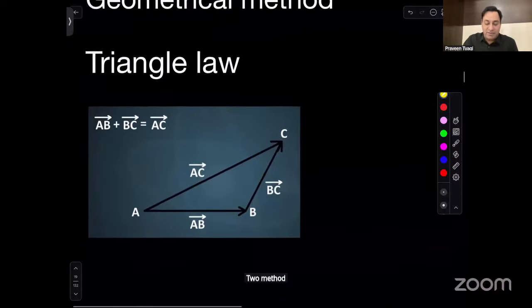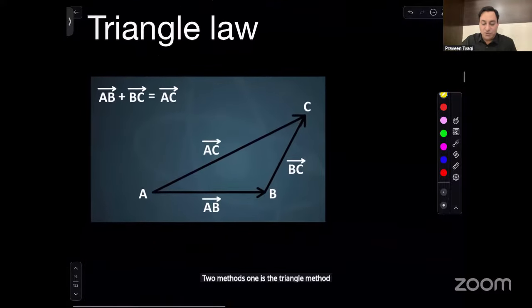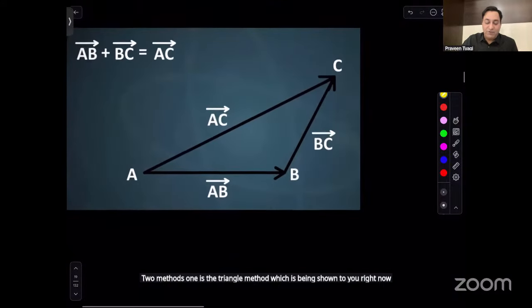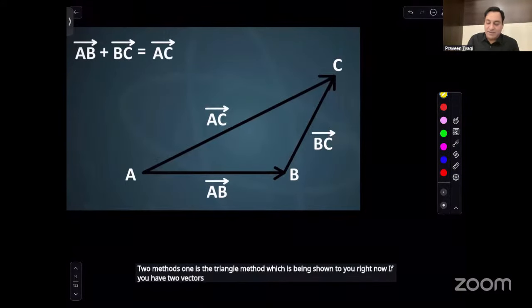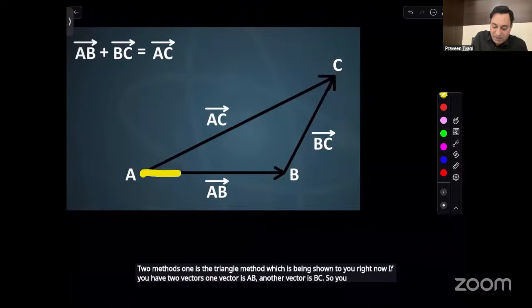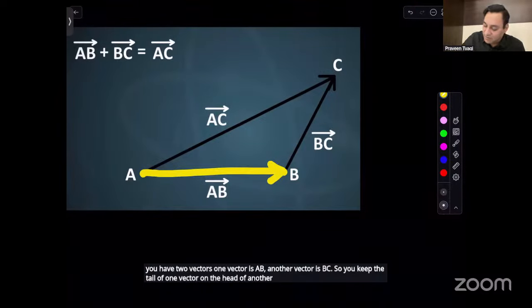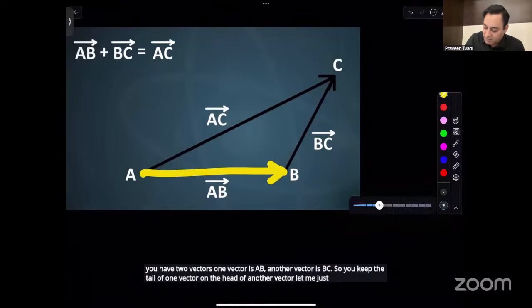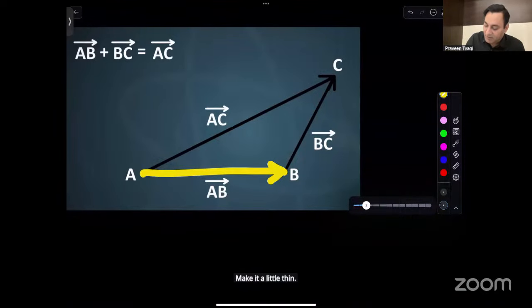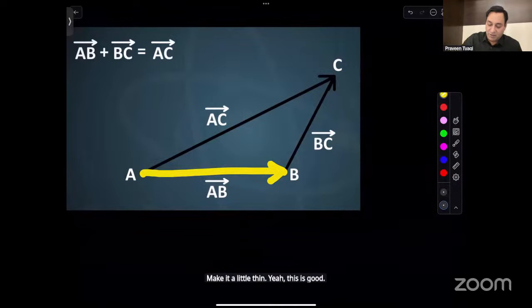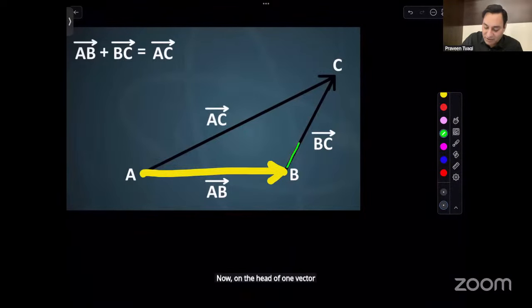One is the triangle method, which is being shown to you right now. If you have two vectors, one vector is AB, another vector is BC, you keep the tail of one vector on the head of another vector. Let me just make it a little thin. Yeah, this is good. Now, on the head of one vector, you keep the tail of the other vector.